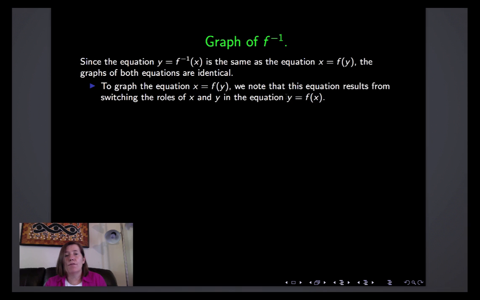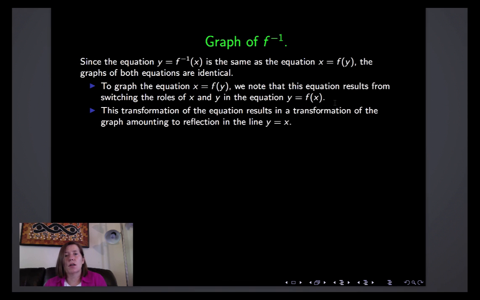So the graph of the equation y equals f of x is the graph of the function f of x, and the graph of the equation y equals f inverse of x is going to be the graph of the function f inverse.